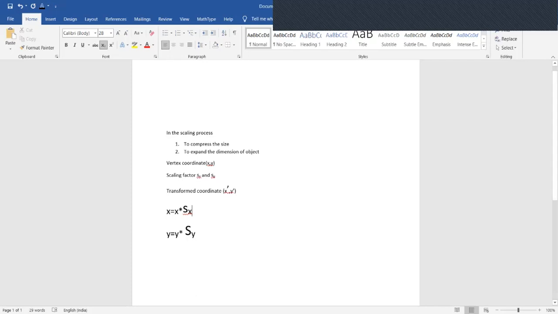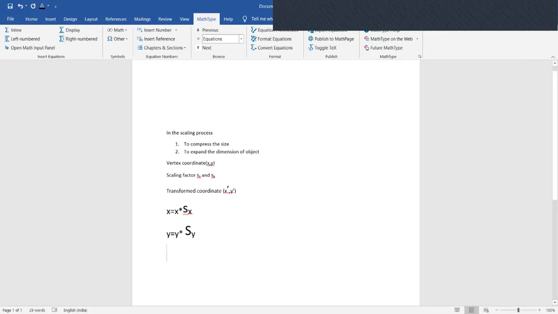So we can represent it in matrix form. How will we represent it in matrix form?